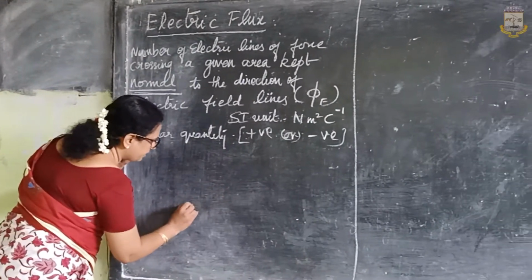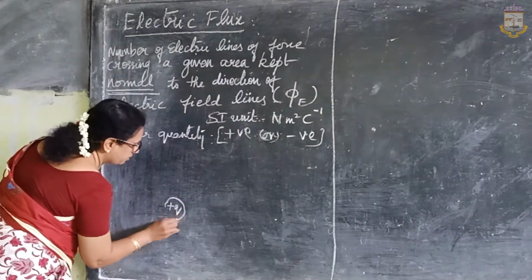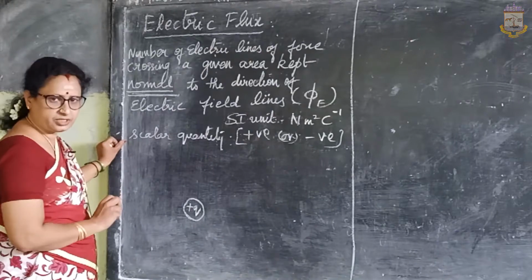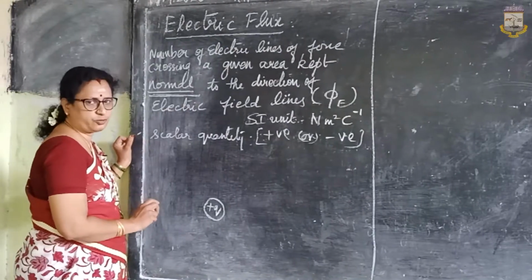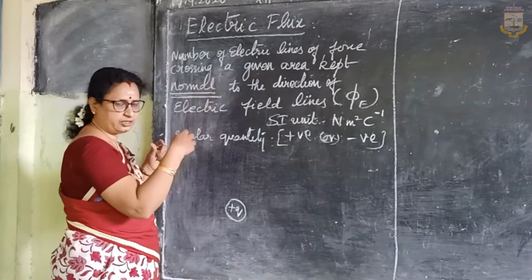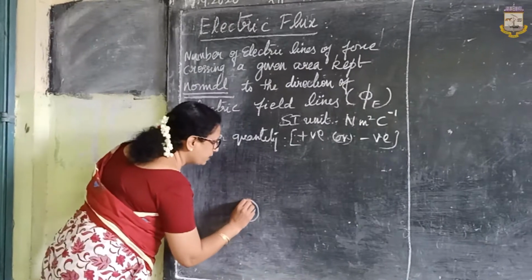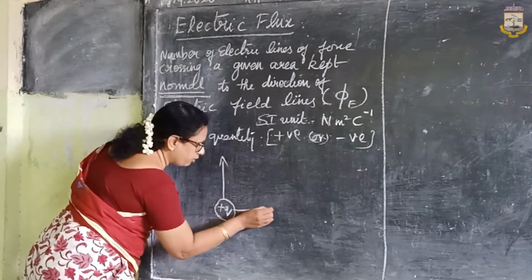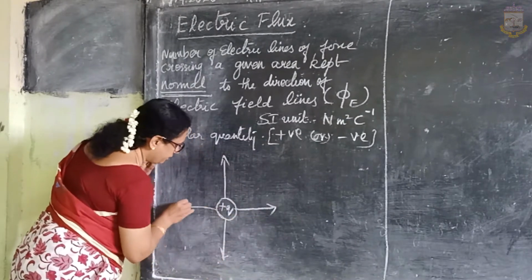So, let us assume a source charge plus Q. You all know, from this source charge plus Q, electric lines of force will emanate outside. So, electric lines of force I have to draw in all directions. Let me draw the electric lines of force.